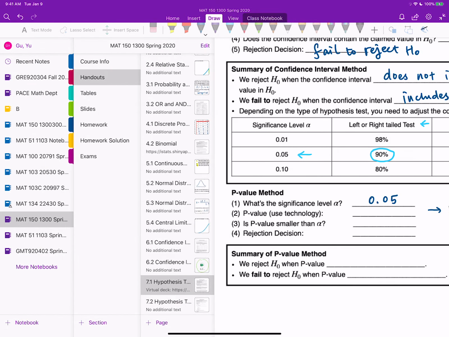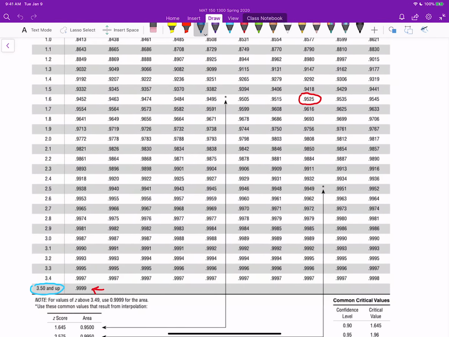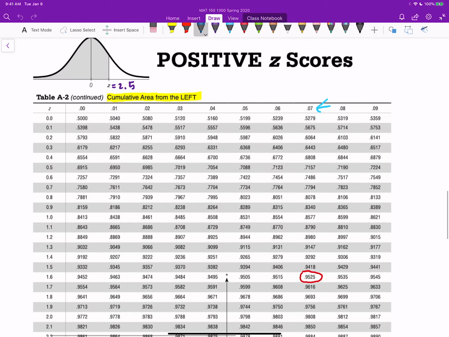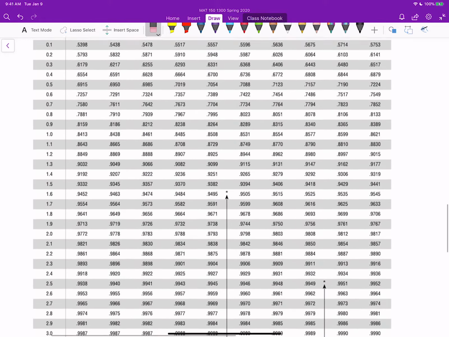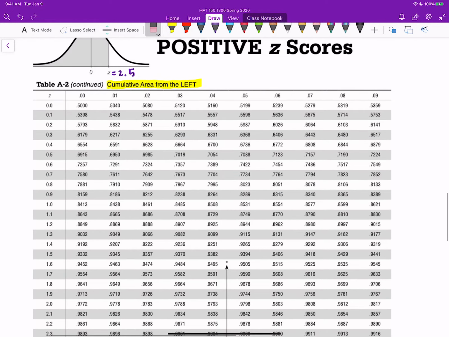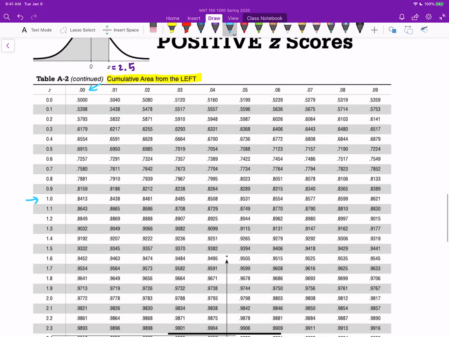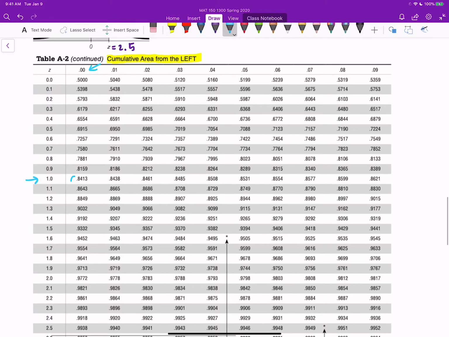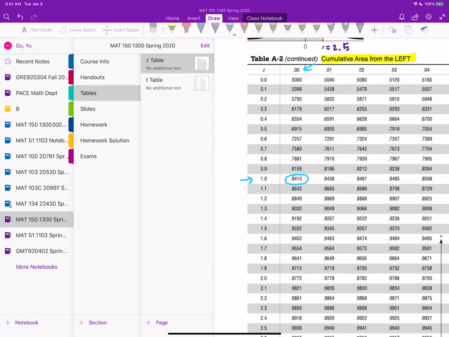So let's go to the z-table. First, let me get rid of these things that we used for other problems. The z-score is 1.0, so it's right here, and the last digit is also 0. Therefore, this is the reading from the left, 0.8413.